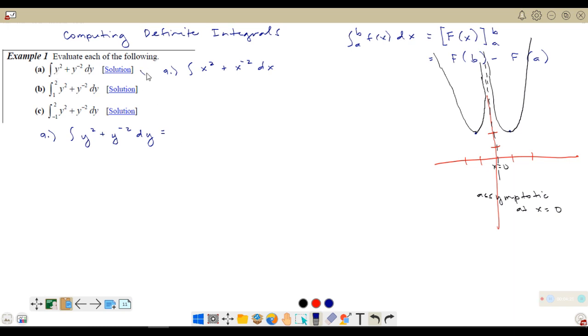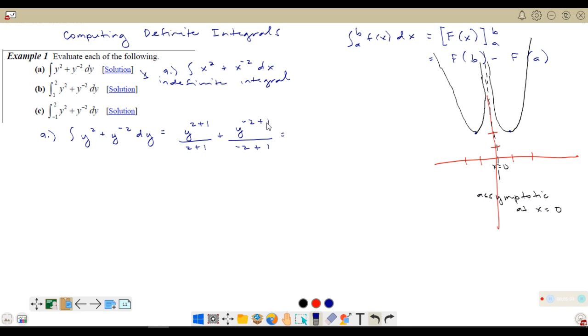So, indefinite integral yung hinahanap natin dito sa letter A. And we will make use of this indefinite integral na makukuha natin kay A para ma-solve natin si B at si C. So, this is y raised to 2, add ka ng 1, and then sa denominator, kung ano man yung nilagay mo sa power, yun din yung nasa denominator. Plus, y raised to negative 2 plus 1 ulit, and then for the denominator, we have negative 2 plus 1.